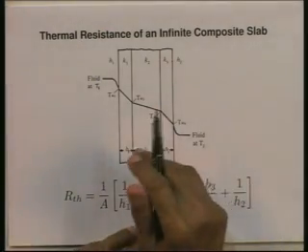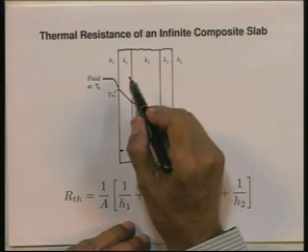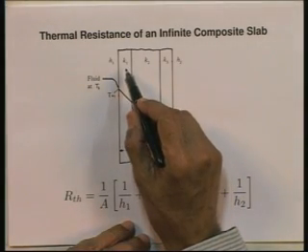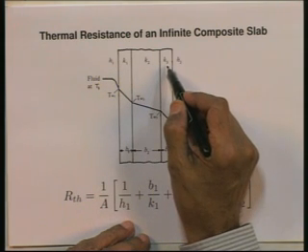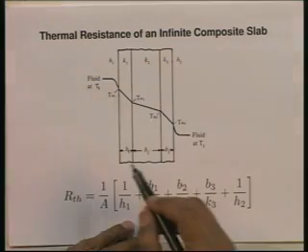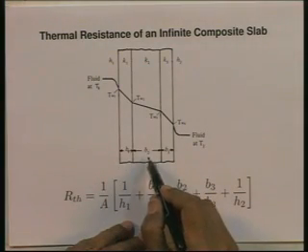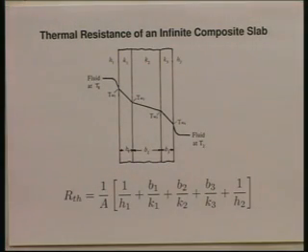We have a composite slab consisting of three materials with thermal conductivities K1, K2 and K3, and thicknesses B1, B2 and B3. Three slabs attached to each other side by side. Their conductivities are K1, K2 and K3.